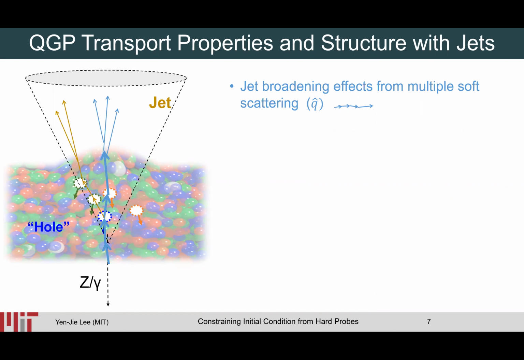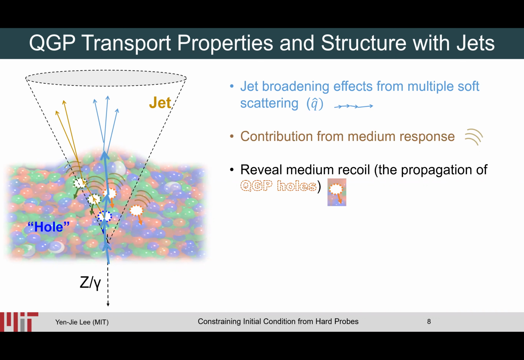So jets are a collection of partons which are penetrating through the medium originating from the hard process, and they can receive multiple soft scattering effects coming from the medium and the jet constituent scattering. And usually we quantify the size of this effect by the so-called q hat variable, the transverse momentum broadening squared per unit length, to quantify the scattering power of the quark-gluon plasma.